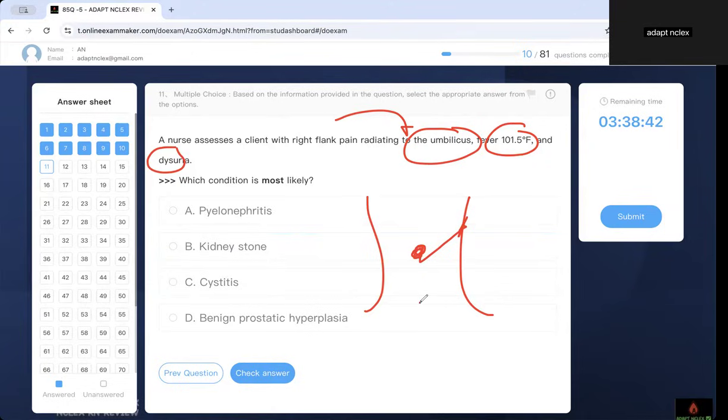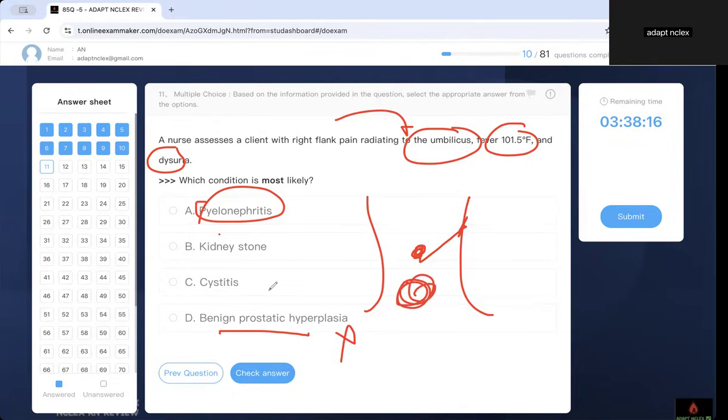What do you think? Lock down your answer and put it down, let me know. A few seconds, let me know what you think. But I can tell you the right answer is what? Pyelonephritis. Why? BPH, you don't have flank pain. It's gone. Cystitis, you may have some fever. You don't have flank pain. It's mostly suprapubic pain. You have pain here.